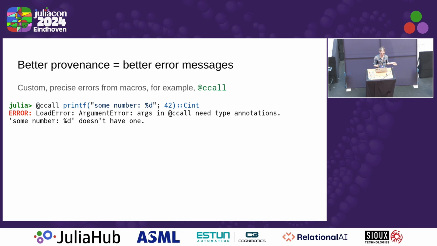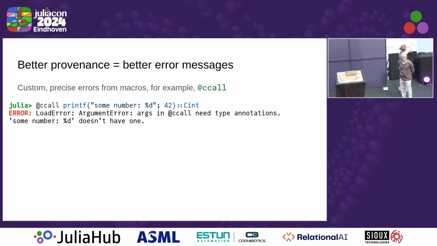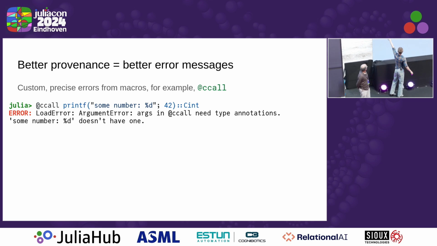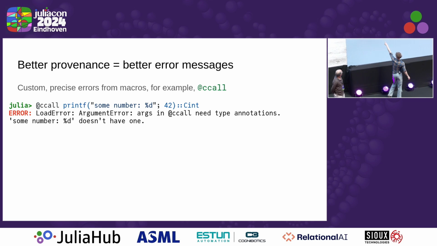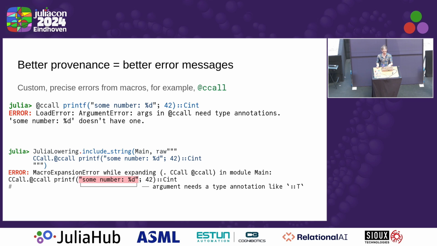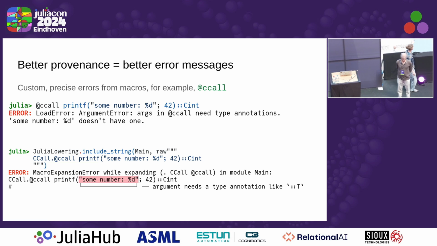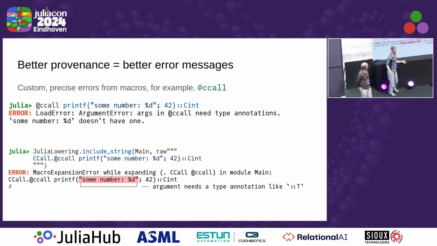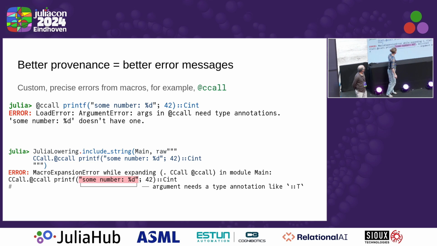The previous error that you would get was actually pretty good. It said what the argument was, some number. So someone's tried to call the C function printf, and they forgot to say what the C types of these things were. The new system will still say, though, like, here it is. It'll show you your source code, not some reconstruction of that source code. It'll show you your source code, and it'll underline the location within your source code.